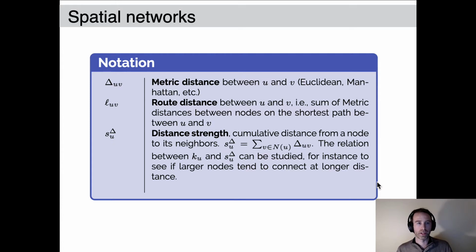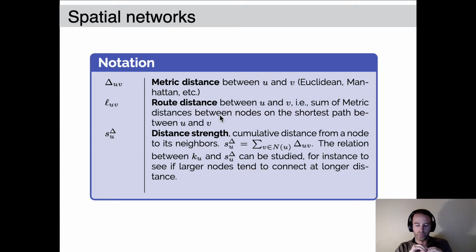So let's introduce the basic notation. We will define this metric distance. So the distance, let's say the straight line distance, or the distance according to the metric you have chosen, between two nodes will be represented by this delta. We can also define the route distance between two nodes with this L, which is actually the distance you need to go from one point to another if you follow roads, so if you follow the edges in your graph.